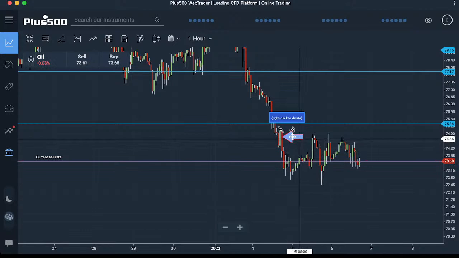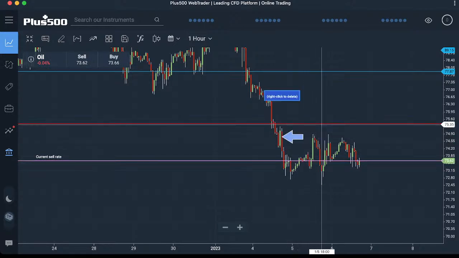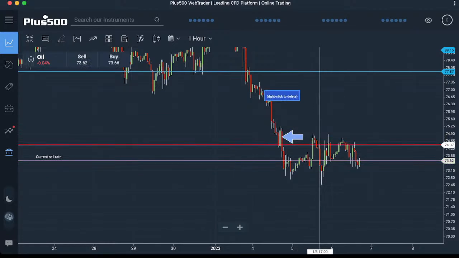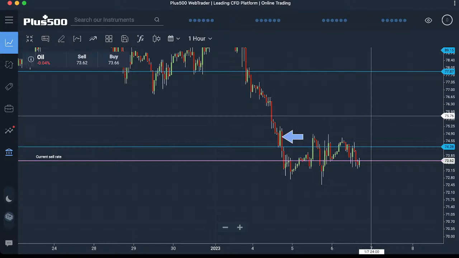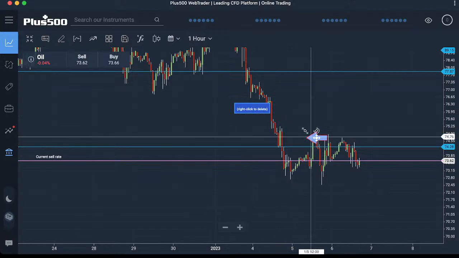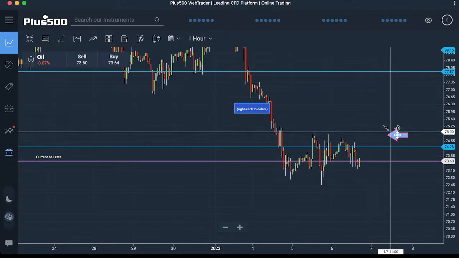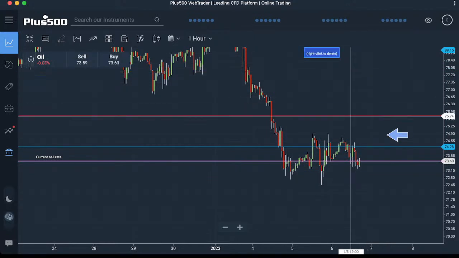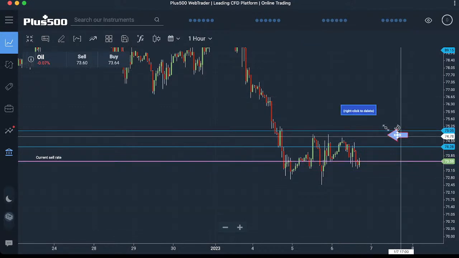So this bearish order block, which I'm just putting here to show you that this is the bearish order block, and you can see how price is pushing back inside this bearish order block, and then is going back to the downside.